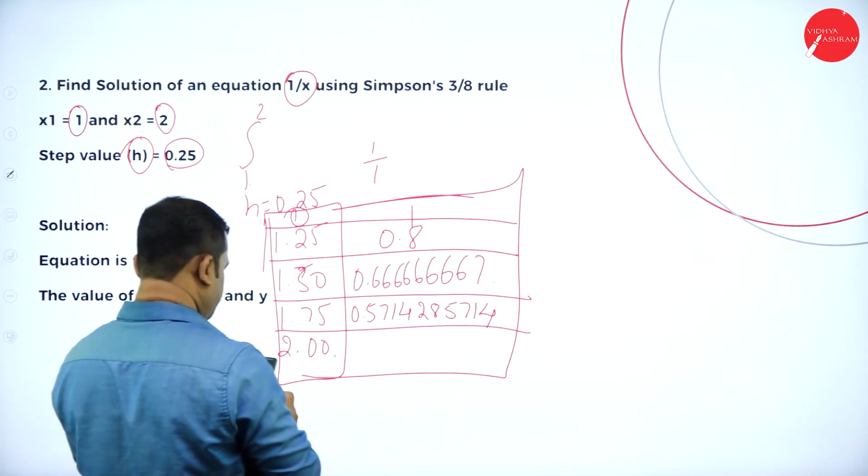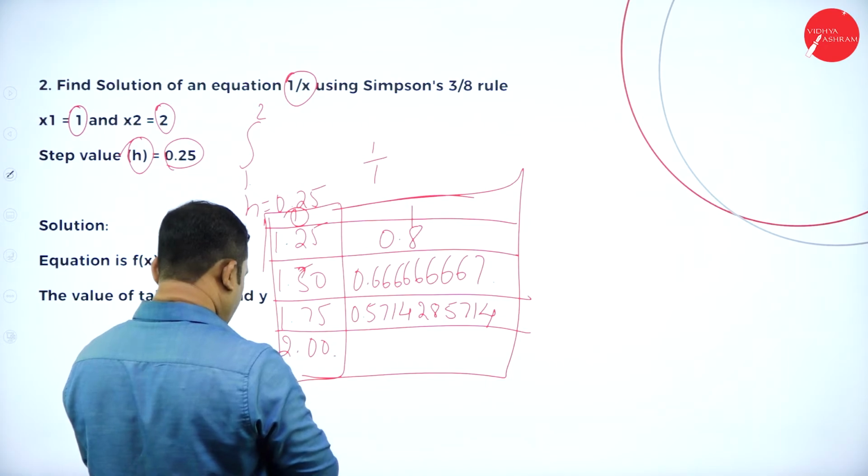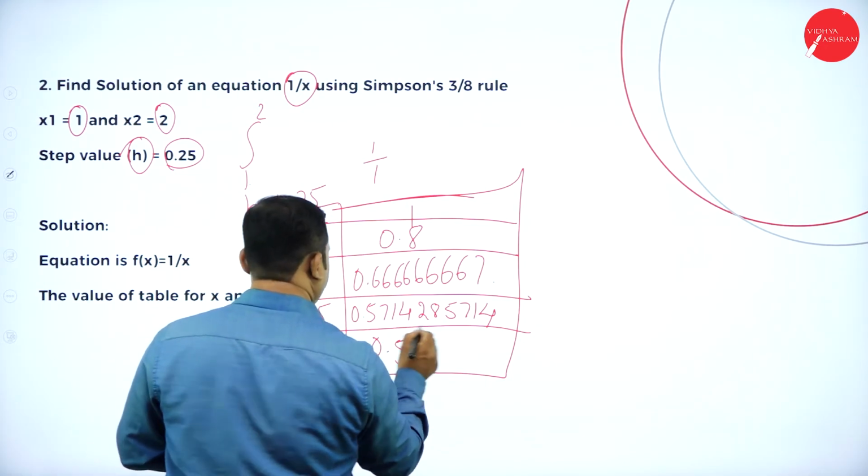This gets repeated. Then we have 2, 1 divided by 2, which is equal to 0.5.